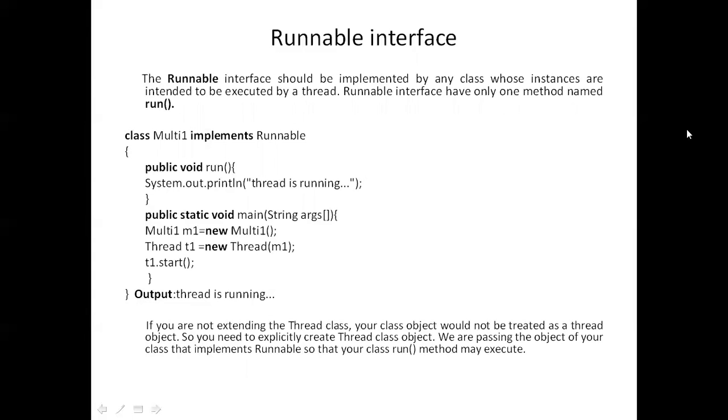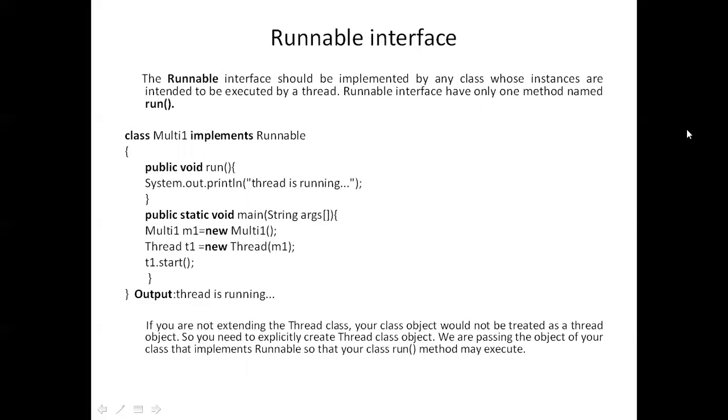After that, the main function, public static void main String args. Within the main function, Multi1 m1 equals new Multi1, so the class object m1 is created. After that, Thread t1 equals new Thread, with the parameter m1.